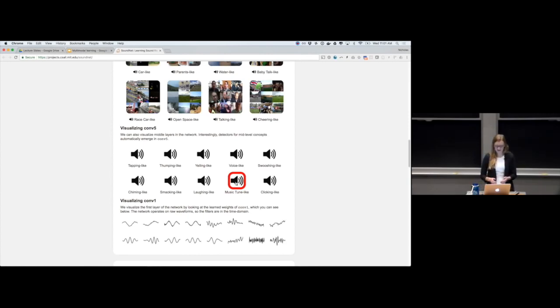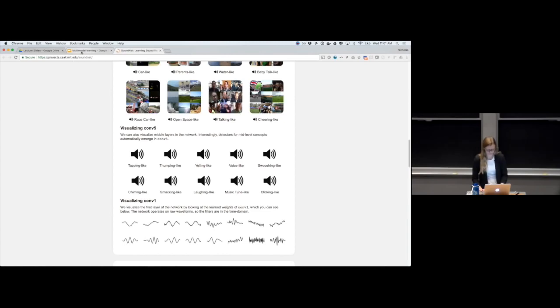We've got music. So these are really exciting, I think. We can also look at the visualizations from the first level of neurons, but these aren't super meaningful to humans because it's very low level. So they're sort of just different tones, but again, this is from a 1D convolutional network, so you can actually visualize what the waveforms look like.